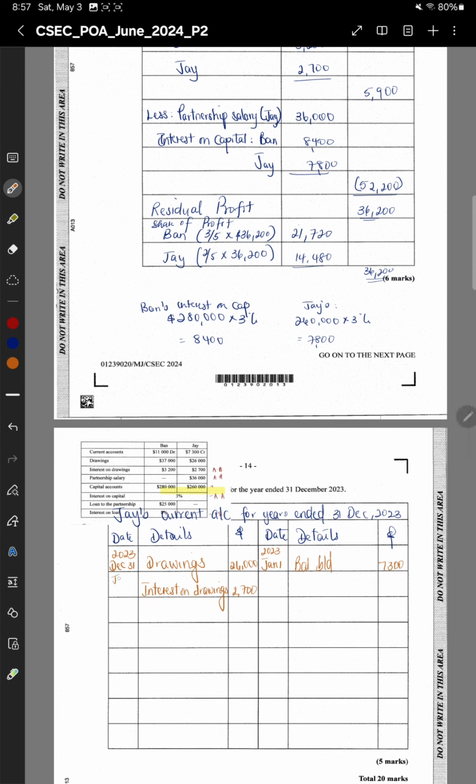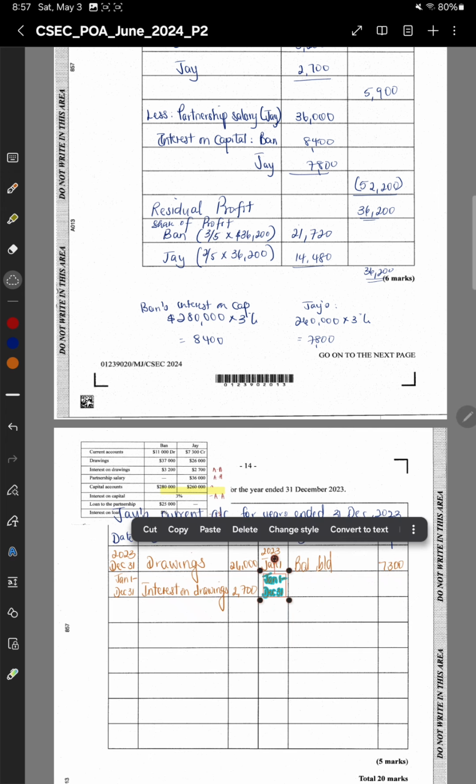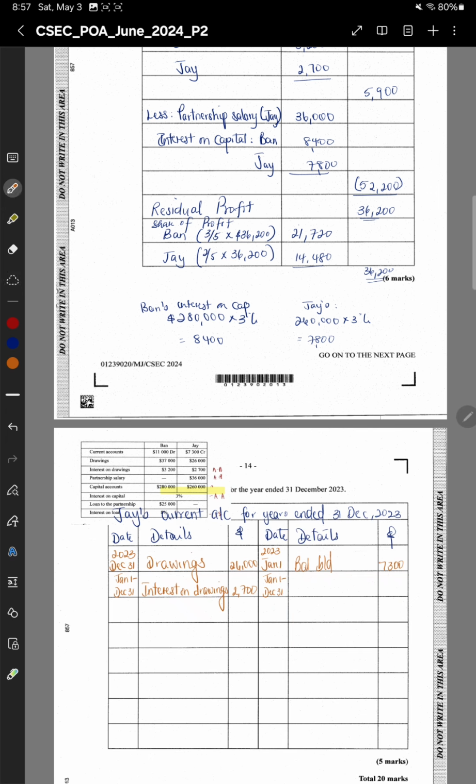So this is January to December 31st. I have this advantage of copying this and pasting this here. Okay, still time consuming. Anyway, over here we have partnership salary of $36,000.